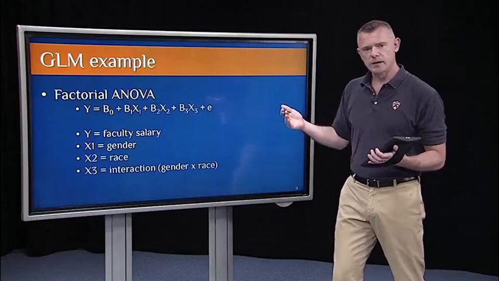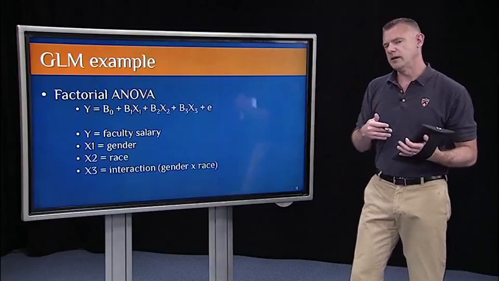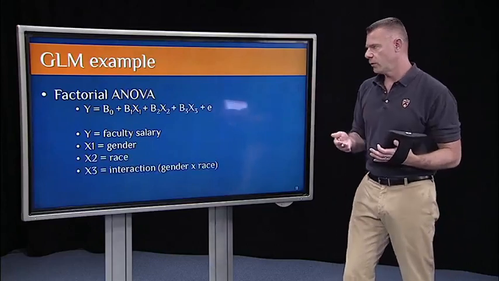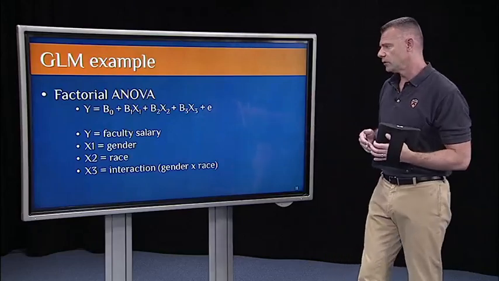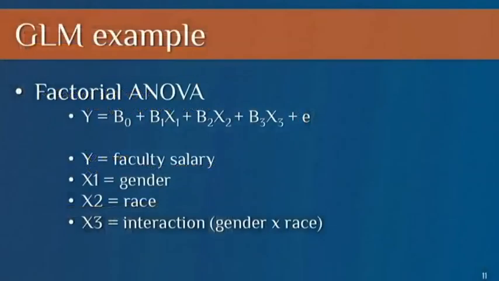And just as we did with the multiple regression testing for moderation effects, we can test for interaction effects in ANOVA. So I could put in gender as one predictor, race as another predictor, again, a categorical predictor. And then for X3, the third predictor, I could look at the interaction of gender and race.